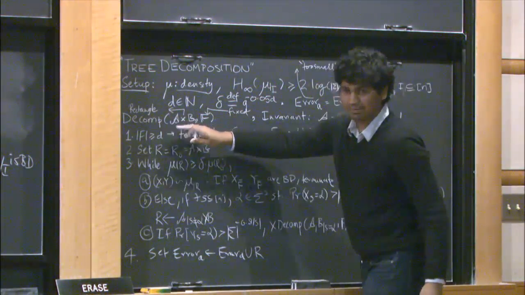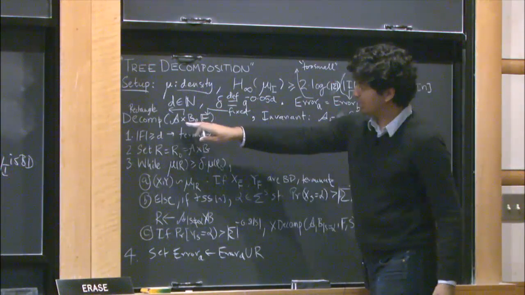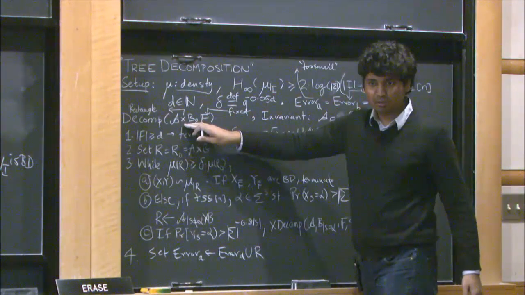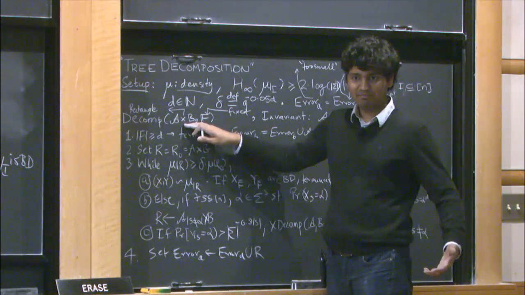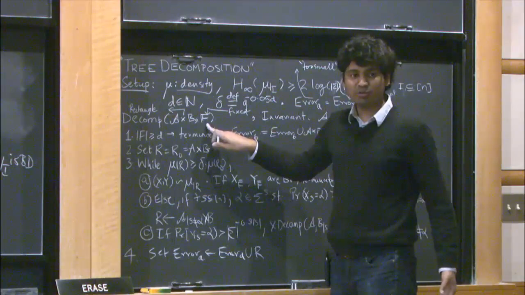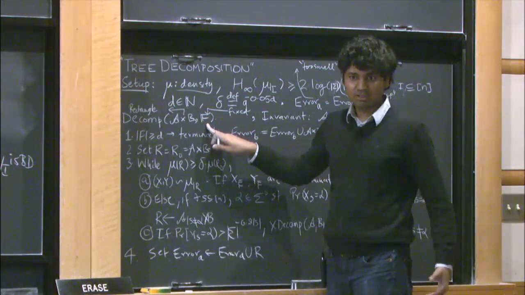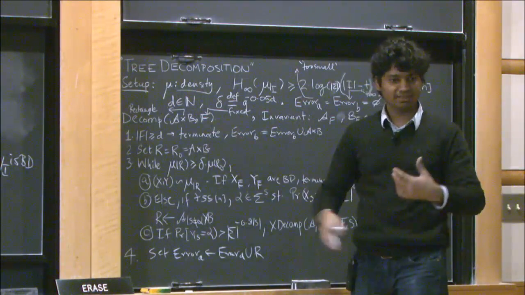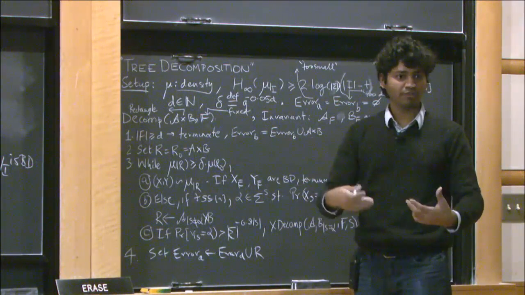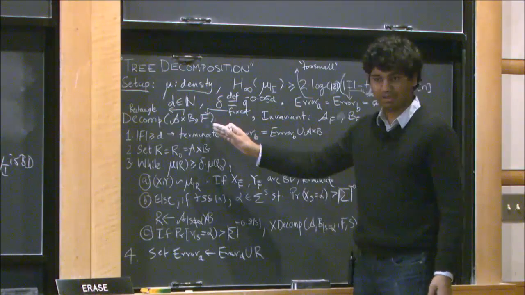I'm going to describe an algorithm which will take as input a rectangle. In the beginning my rectangle is really simple: it's just sigma to the n cross sigma to the n. It will also take some F, which will be the fixed blocks. In the course of my algorithm, I will iteratively fix some blocks of my distribution. In the beginning F is going to be empty.